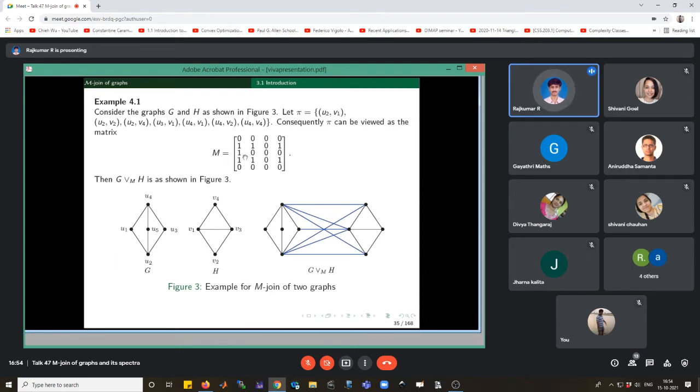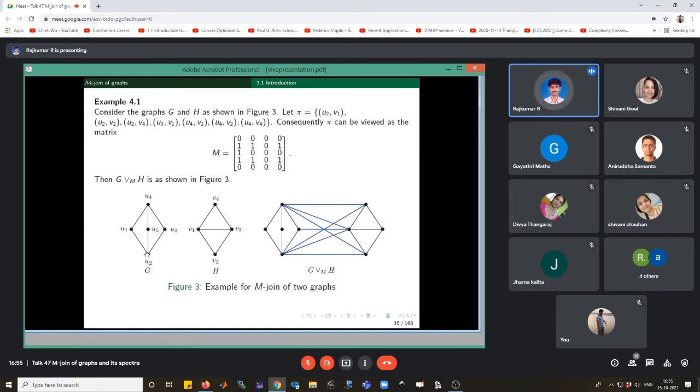Now look at this matrix. For example, here the first entry is 0. That means here you take U1 and V1. Here the entry is 0, so we do not join U1 and V1 in the M-join graph. And then the 2,1 entry is 1 here, so we can join the vertex U2 and vertex V1.